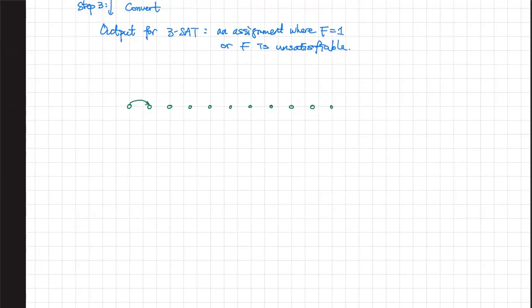Between any 2 consecutive nodes in this row, you have edges going back and forth.